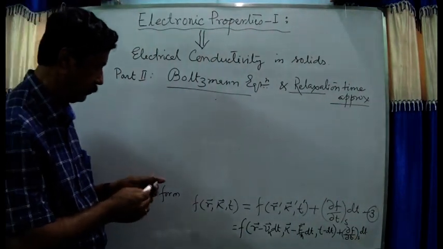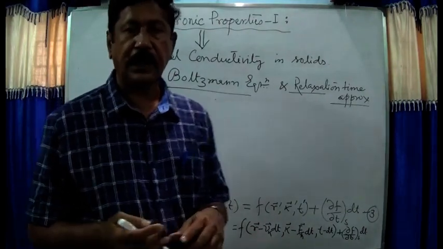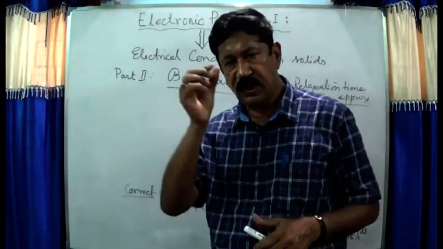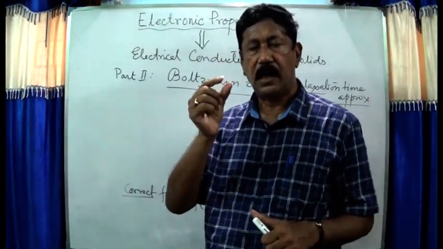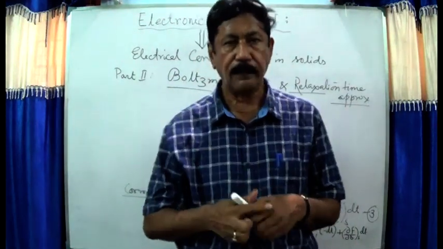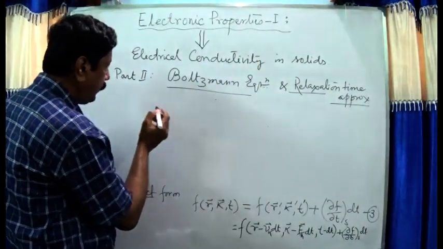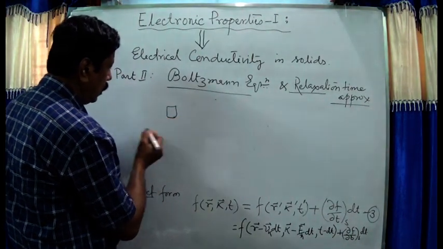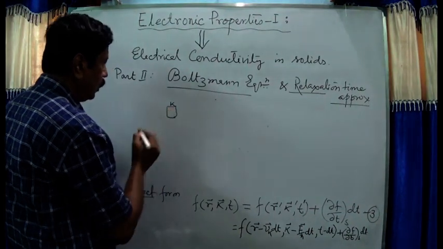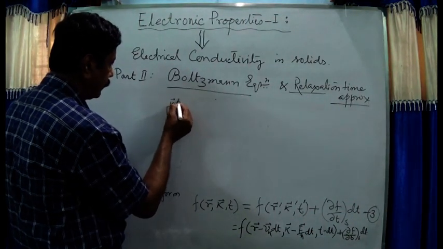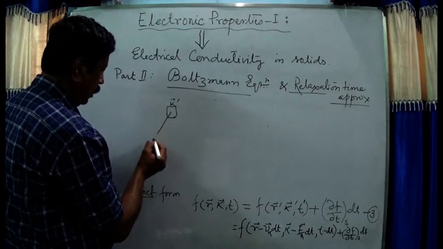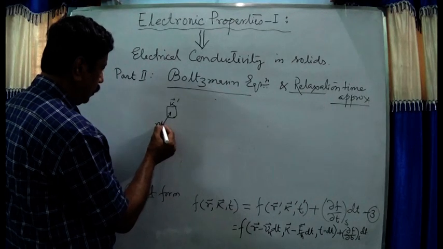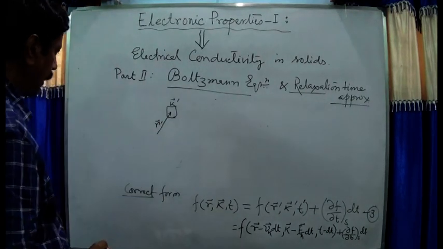Well, now imagine that you are given a large section of a crystal lattice, and within that we are concentrating our attention on a very small region, a very elementary volume, having wave vector k prime at an instant specified by this positional vector r prime.